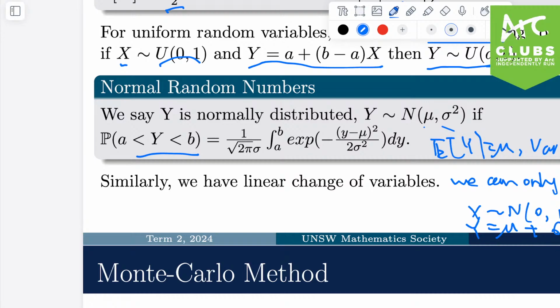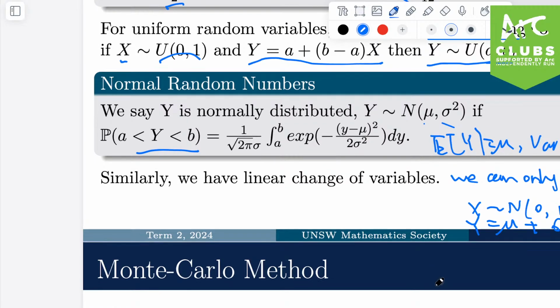Again, you can prove this by using the density distribution. And this is also true in multivariate, right? When x is multivariate normal, you can also apply y equals mu plus sigma x so that y follows normal mu, sigma squared.